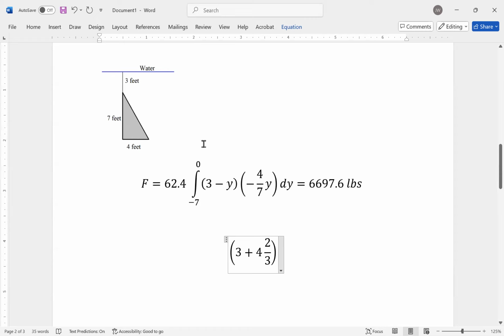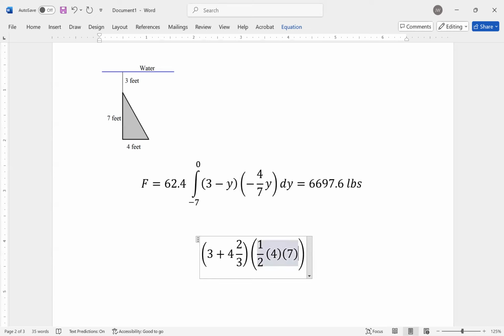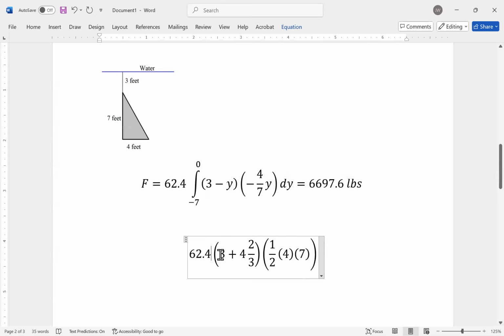And then the area of the triangle is 1/2 base times height, which is 1/2 times 4 times 7. And then weight density of the water is 62.4. So depth of the horizontal object, if I horizontally flip it at the center of mass y value, times the area times the weight density of this water.